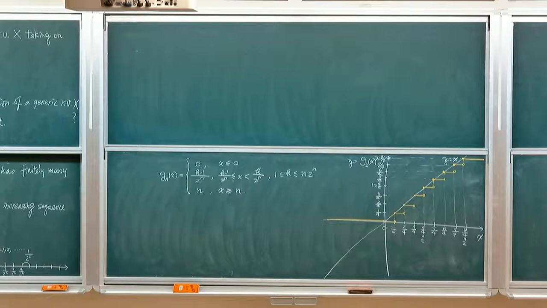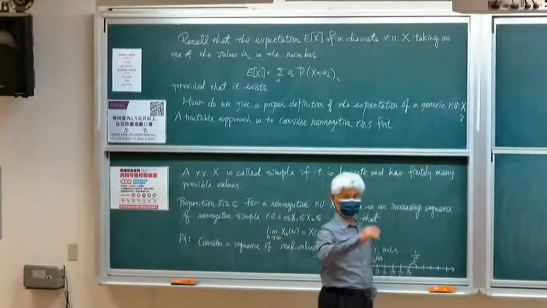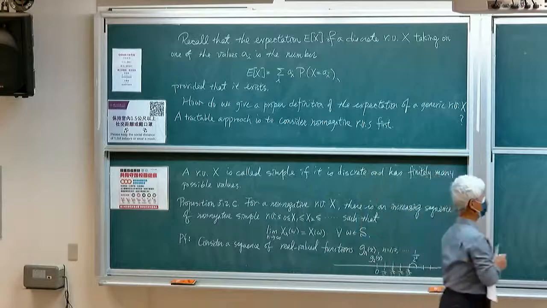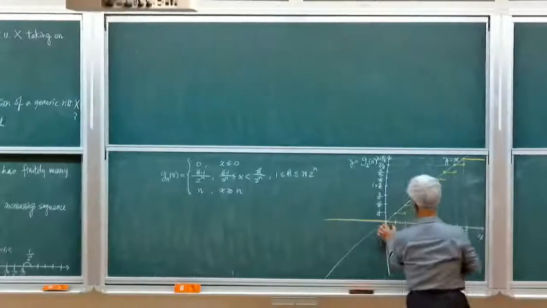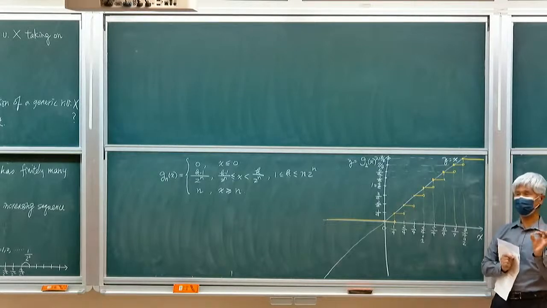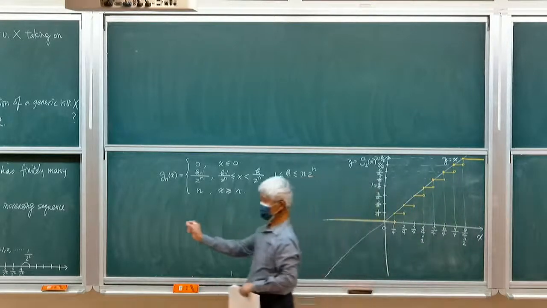All right. So this is a sequence of quantization functions. As n goes up, the resolution goes finer and finer, right? Because the bin size becomes smaller and smaller.